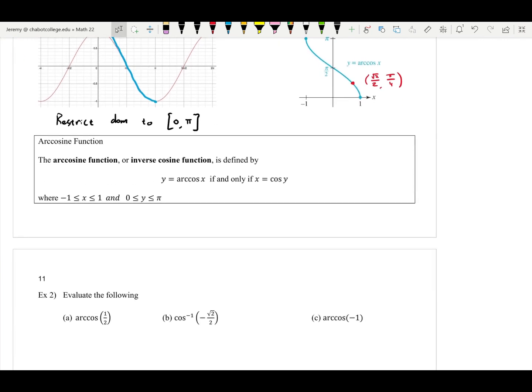Okay, and the definition of the arc cosine function looks very similar to what we were just talking about with sine. The big difference to remember is that now the range of the arc cosine function is between 0 and pi. So rather than looking at the right half of the unit circle, what part of the unit circle is this? From 0 to pi, what part of the unit circle are we going to be working with here?